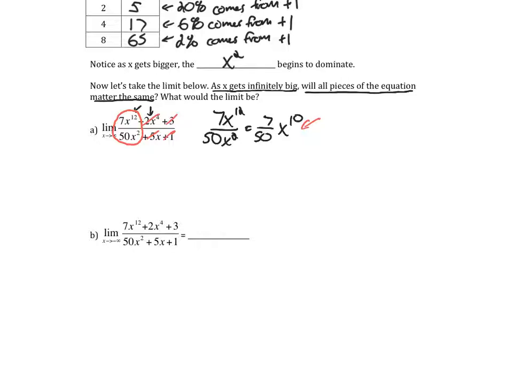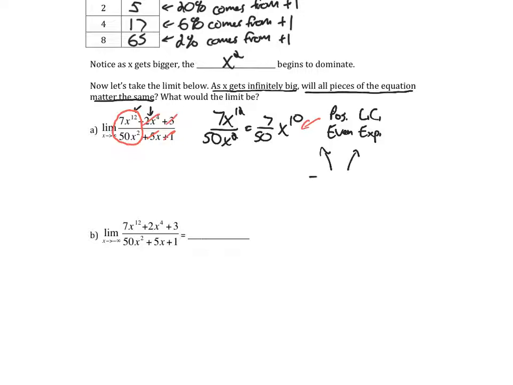All right? So the way we would actually solve this limit is to go back and think about the end behavior. If I think about the end behavior of the graph of 7 over 50 x to the 10th, that's going to have the same end behavior as my original function. And since it's a positive LC, and it's an even exponent, I know my end behavior is going to go like this.